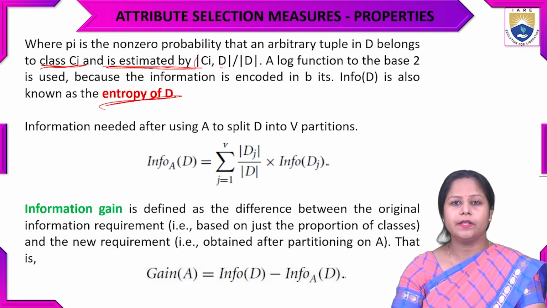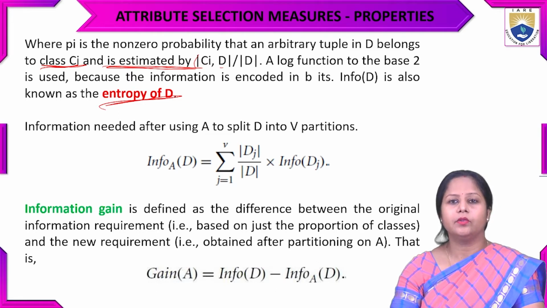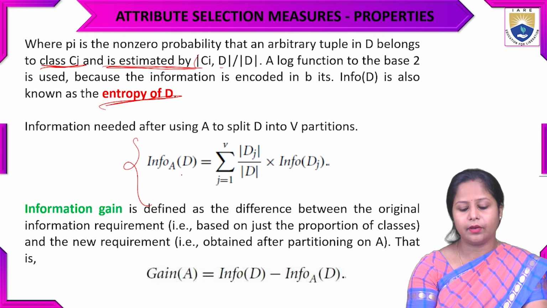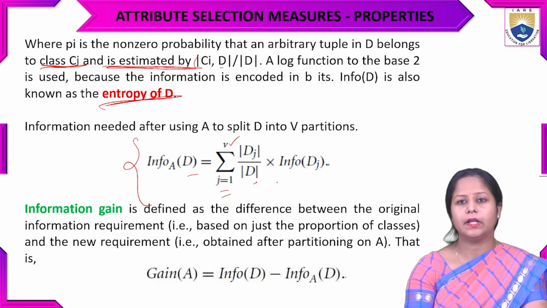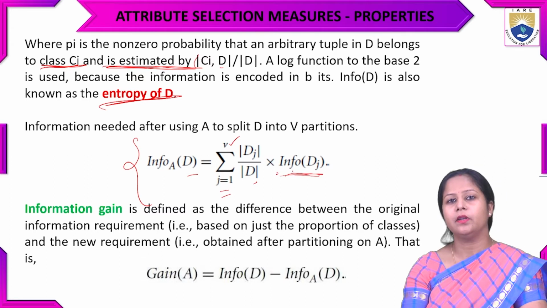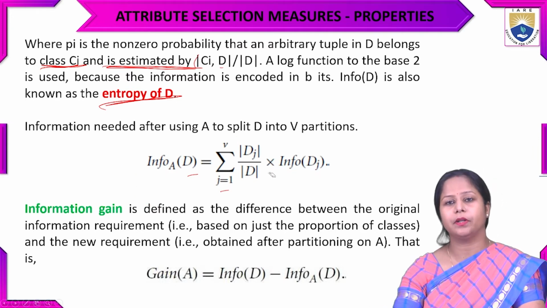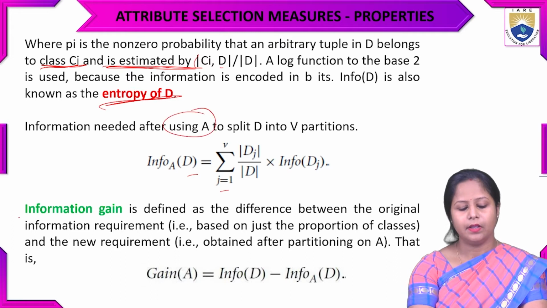Information needed after splitting using A into v partitions: the formula is InfoA(D) = summation of j equal to 1 to v of modulus of Dj divided by modulus of D, times Info(Dj).